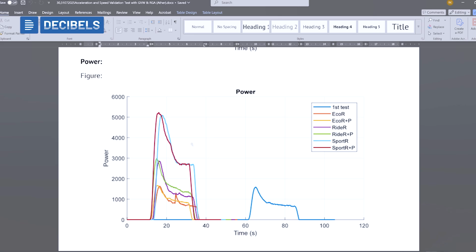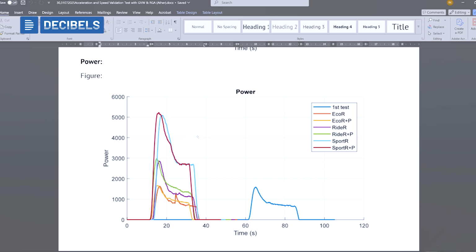For normal or ride mode, it's around 3 kilowatts, close to 1C. For sport mode, it's around 5.2 to 5.3 kilowatts, nearing 2C of battery usage. So that is what we can estimate: the amount of mechanical power produced at the wheel.